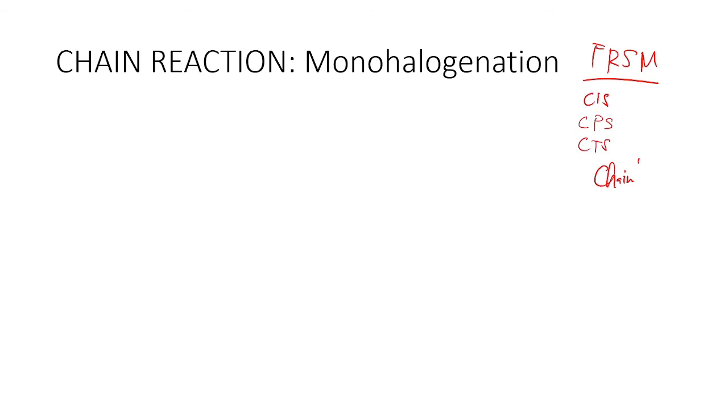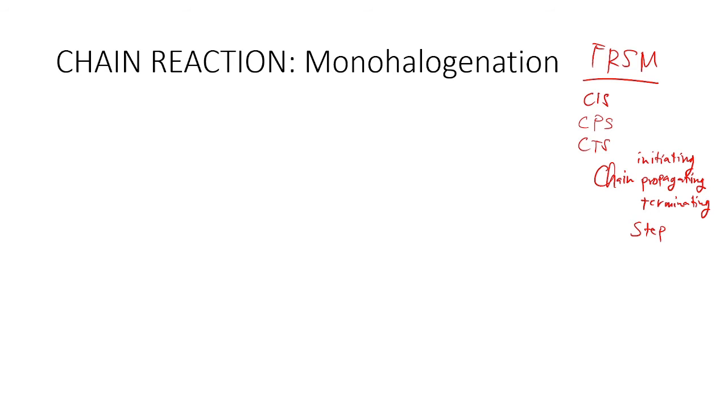And I stands for initiating, pagsisimula. P is propagating, pagpapatuloy. And T is for terminating or pagtapos. And S stands for steps. So, basically, in free radical substitution mechanism, we have these three steps. So, we have the chain initiating, chain propagating, and chain terminating step.